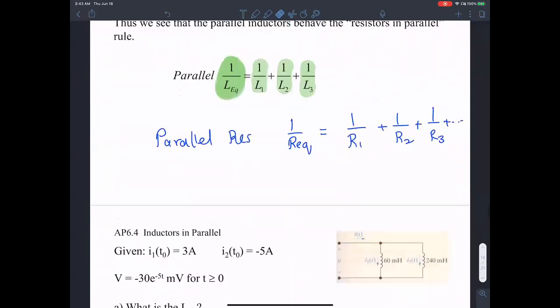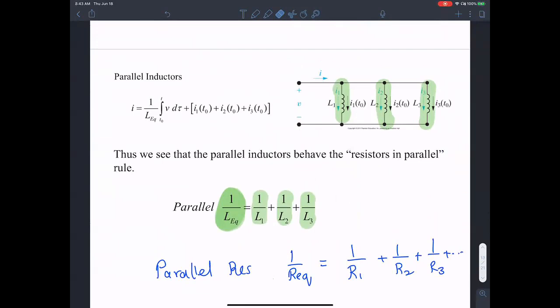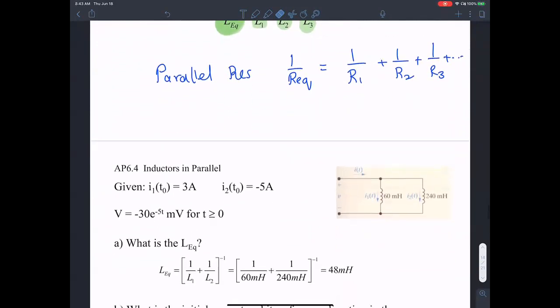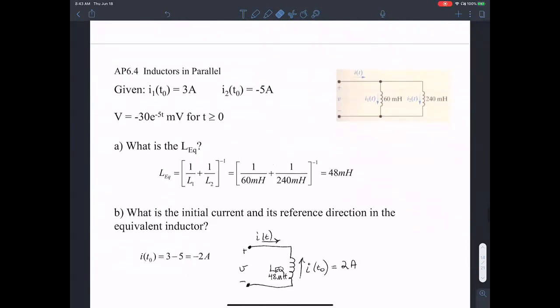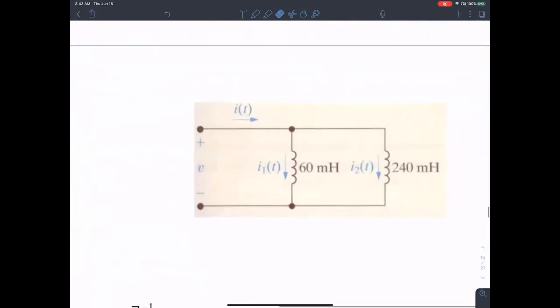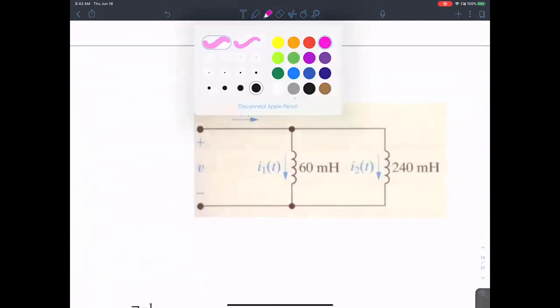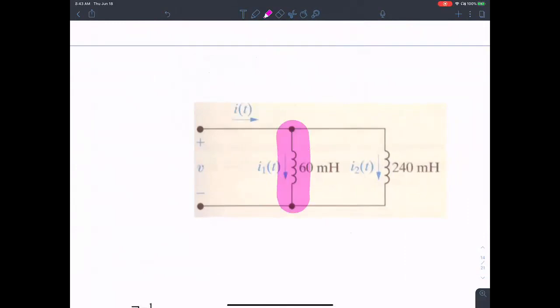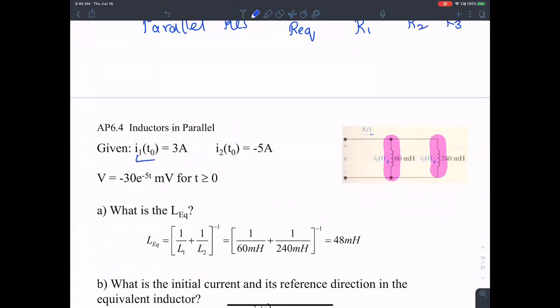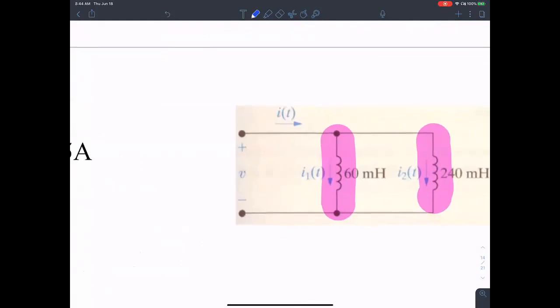So resistances, capacitances, inductances in parallel. Now let's do a problem. There are two inductances here connected in parallel. The current for one inductance is given, so you know the current flowing through this inductance.